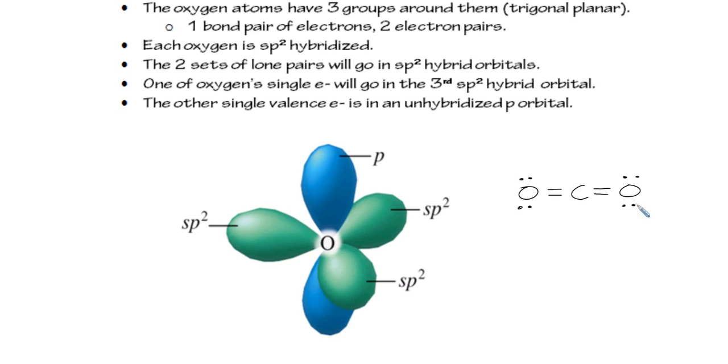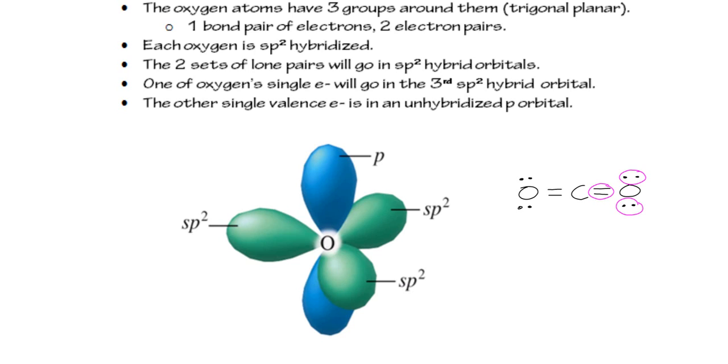So around each oxygen I have 1, 2, 3 regions of negative electrons. 1 is a bonding region and then 2 are those lone pairs. But it doesn't matter how I have electrons on the oxygen. If I have 3 regions of any kind of electrons, I know they'll repel and they'll want to go as far apart as possible.